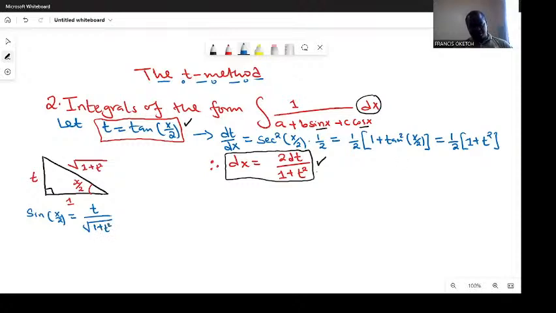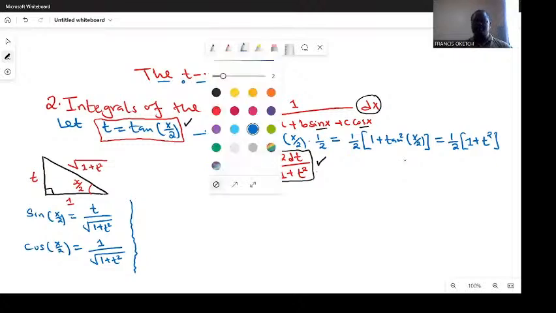I also need cos x over 2. Cos x over 2 from that triangle is adjacent, which is 1, over hypotenuse, which is the square root of 1 plus t squared. So now that we know sine x over 2 and cos x over 2, are we able to find sine x and cos x?